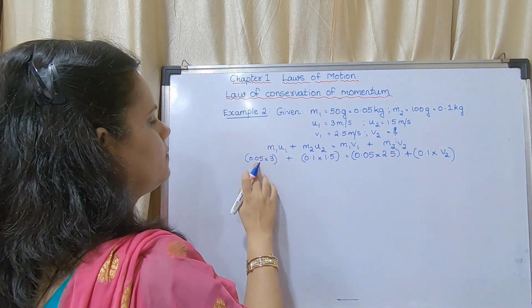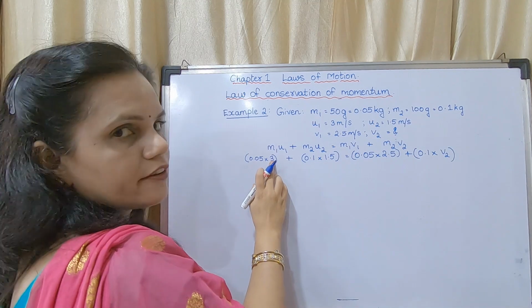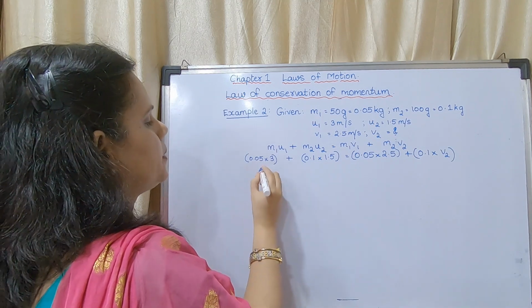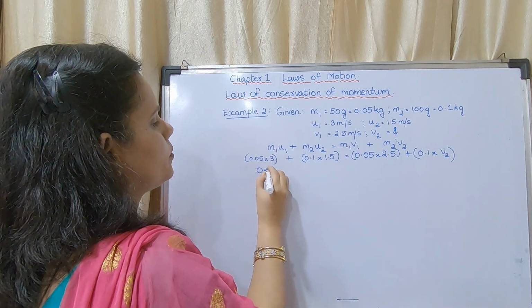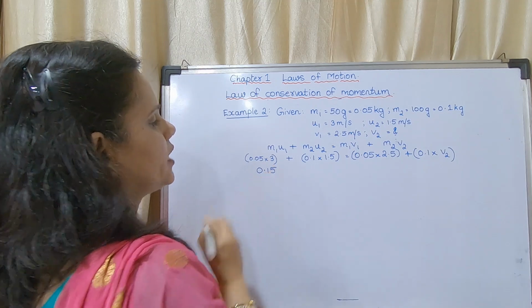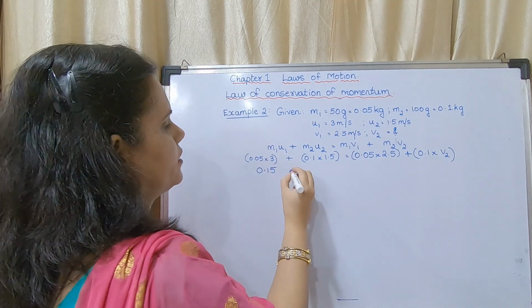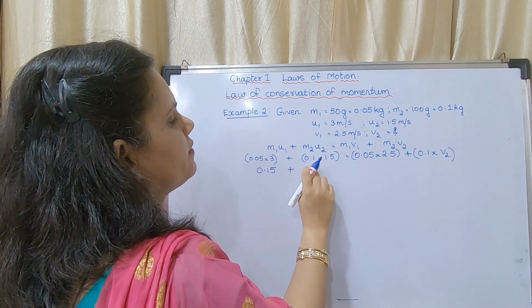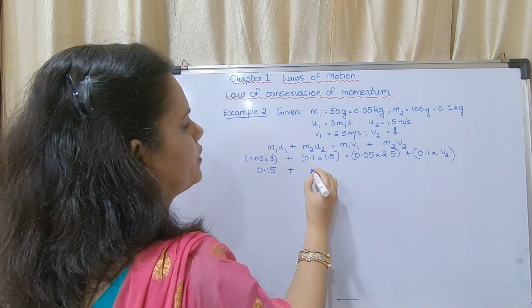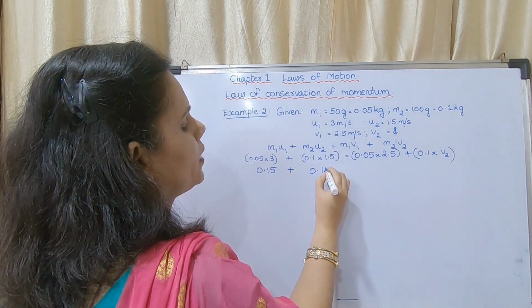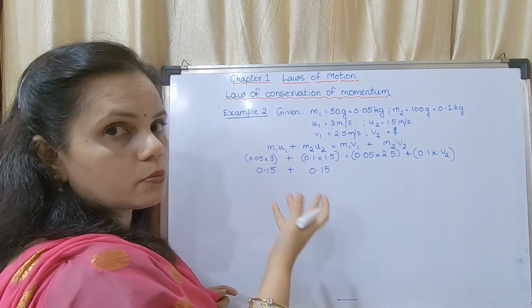Now solving this, 5 3s are 15. Now there are two decimals, so it will become 0.15. Plus 0.1 into 1.5, it will be 0.15. Hope you know how to multiply this.